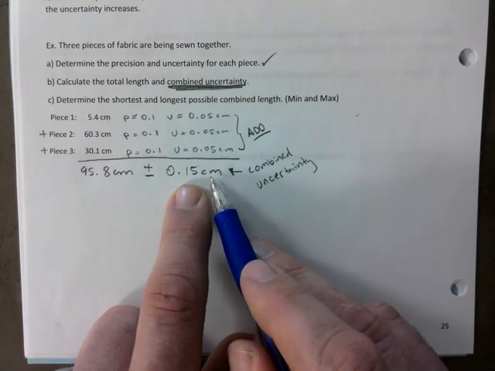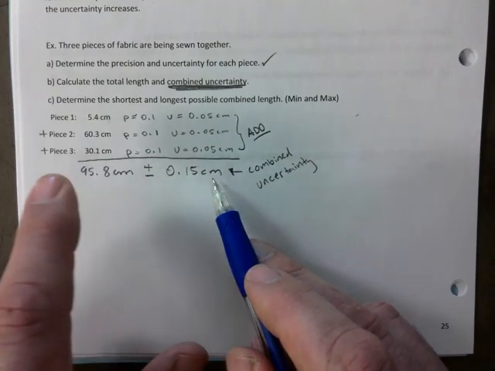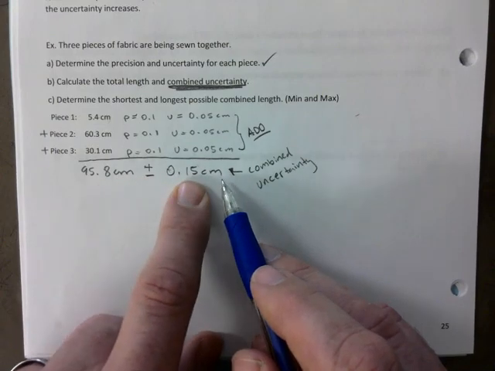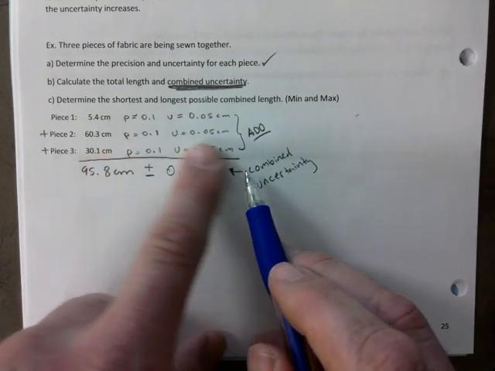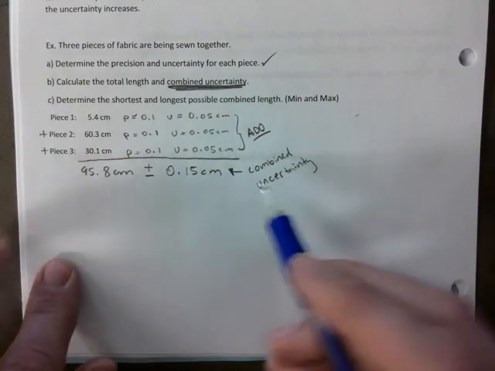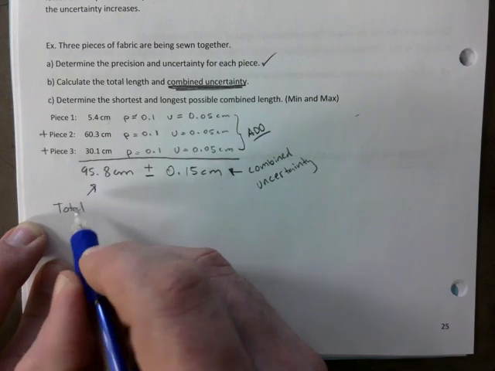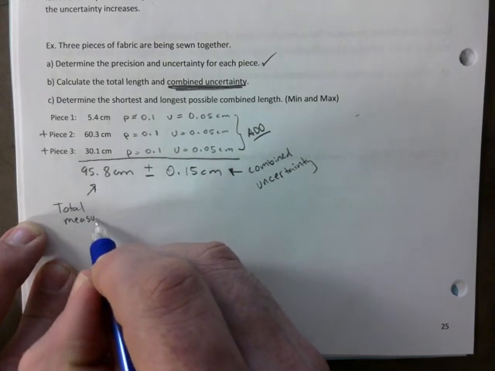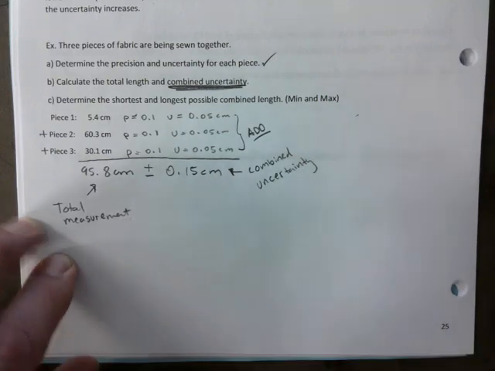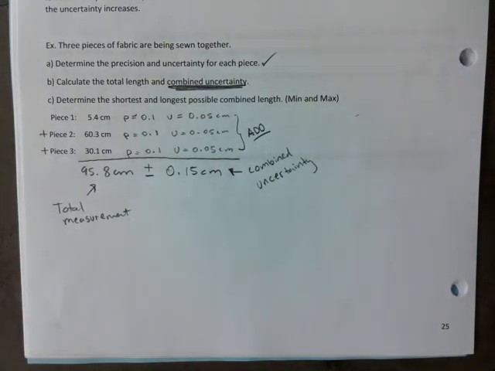That is the combined uncertainty. If they just ask you for the total measurement plus or minus the combined uncertainty, then this whole thing is it. Okay? So this is the total measurement. Okay, so there we go.